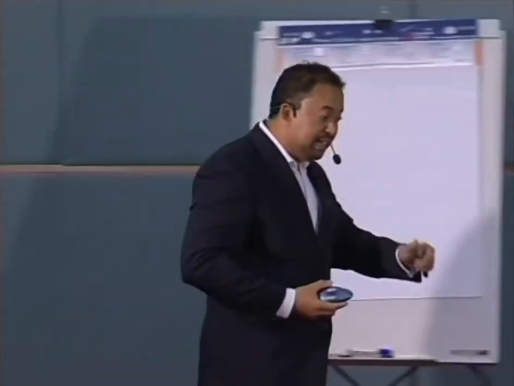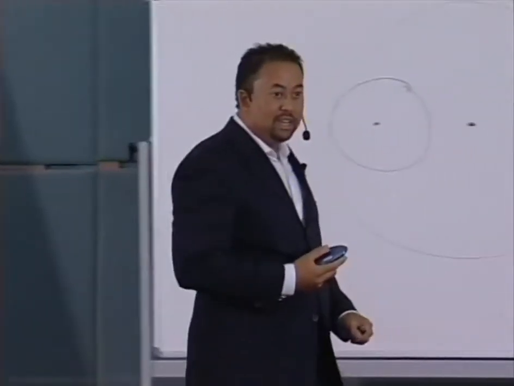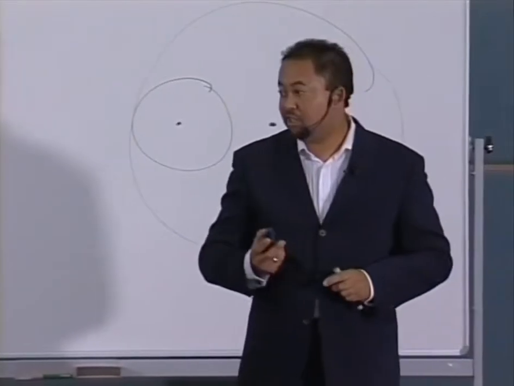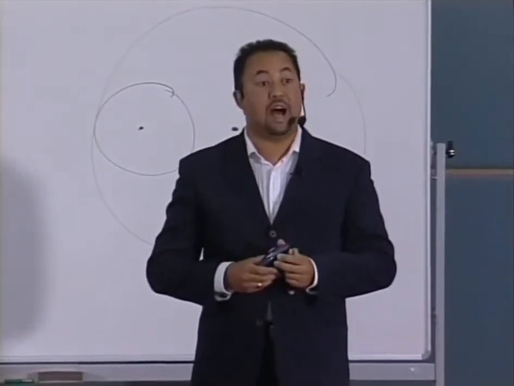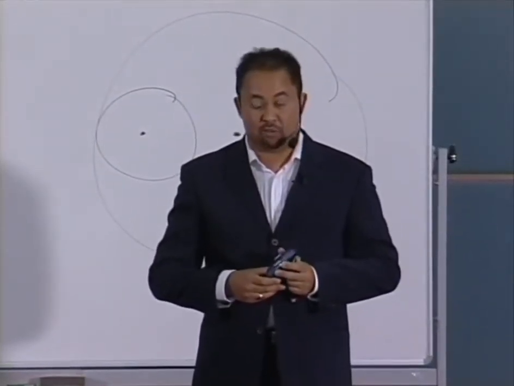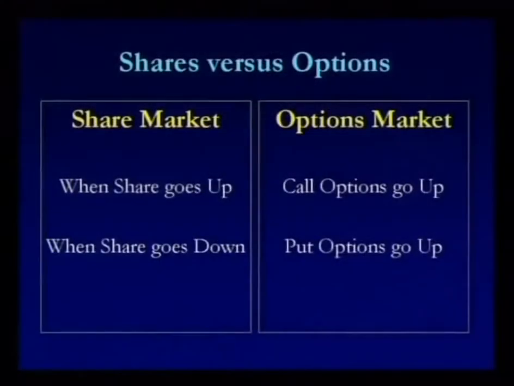Now, basically in the share market, when a particular share goes up in value, then over in the options market, a call option that relates to that share also goes up in value. That's how it works. But here's the interesting thing.